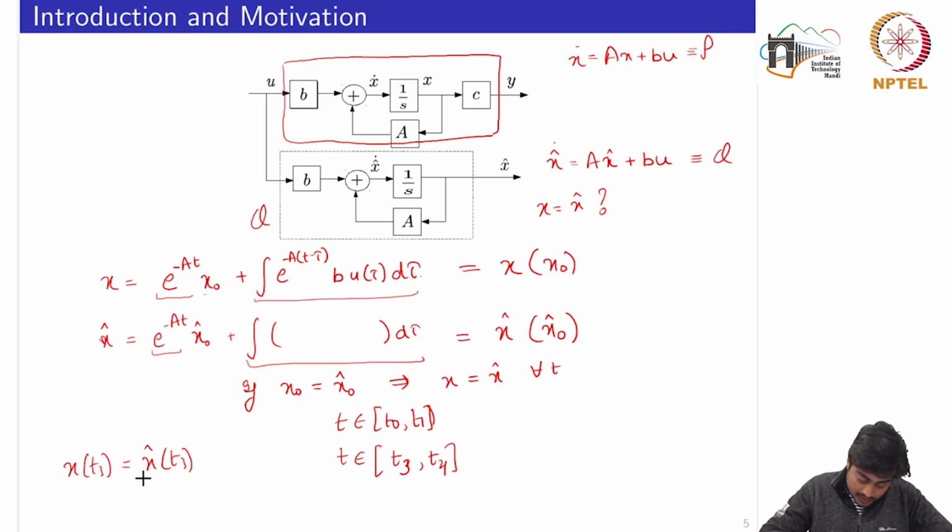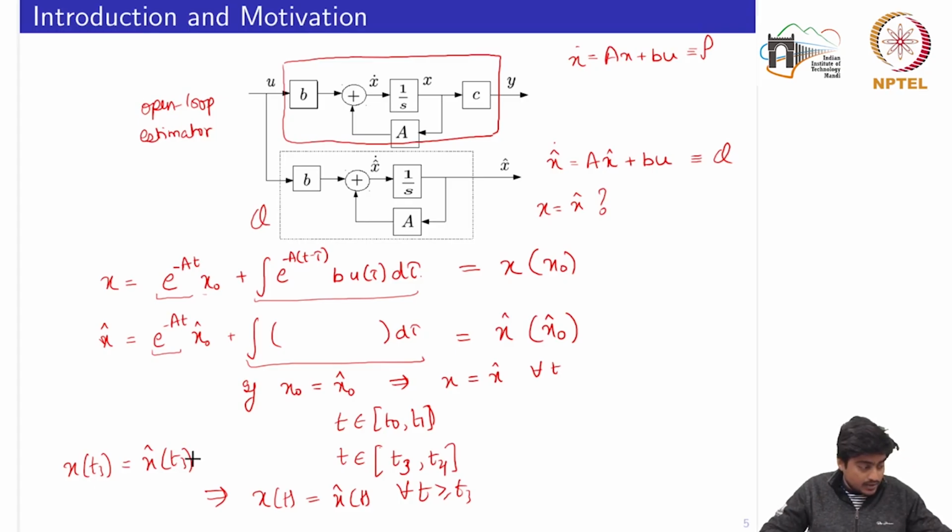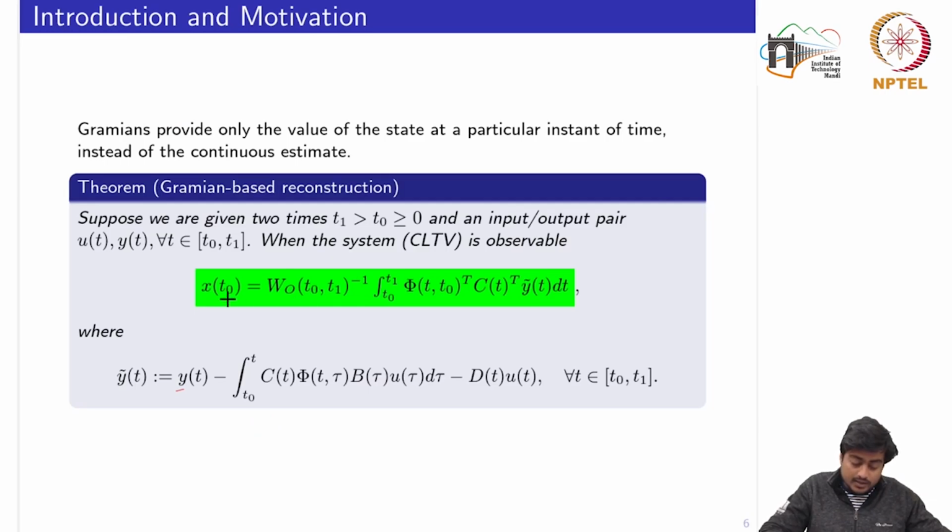And if this condition is satisfied, then this implies that x of t becomes equal to x hat of t for all t greater than or equal to t3. Right? So every time if I use this kind of estimator, which we also call an open loop estimator, I need to compute this Gramian to compute the value of x hat at that time instant.